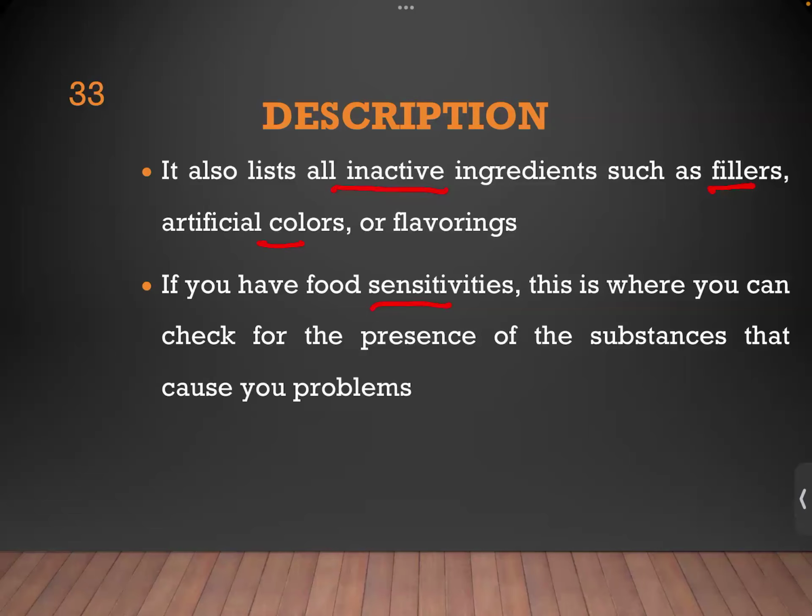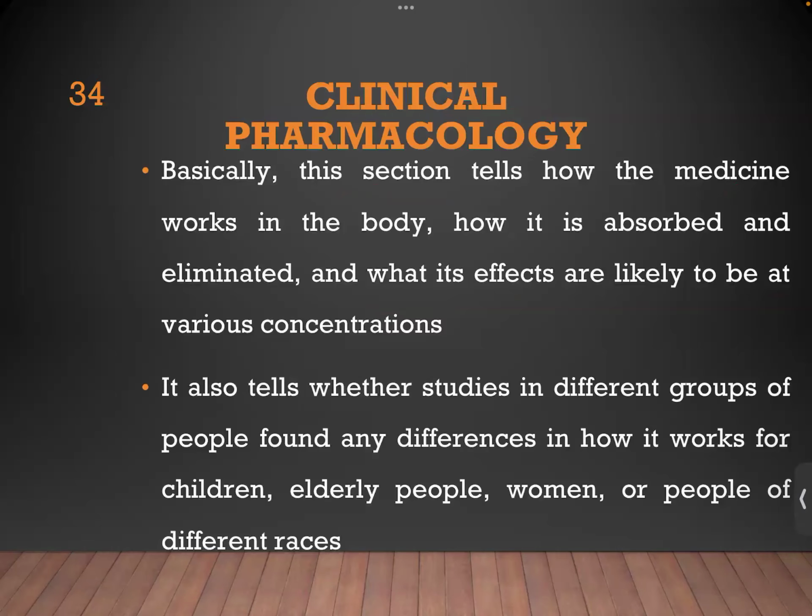Clinical pharmacology gives it in detail. This section tells you how the medicine works in the body, how it gets absorbed, eliminated, how it works effectively, and how it works in different groups of people like children, elderly, women, people from different races. All that it will tell. That is clinical pharmacology. I know I have given you this homework once, that you have to learn the difference between PK and PD.